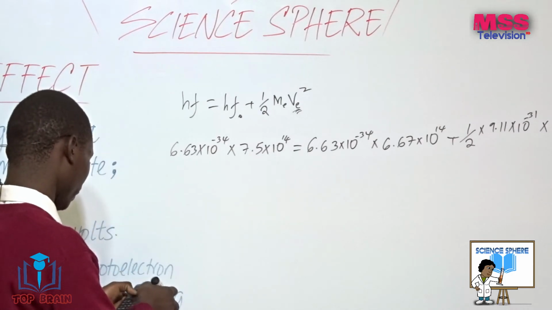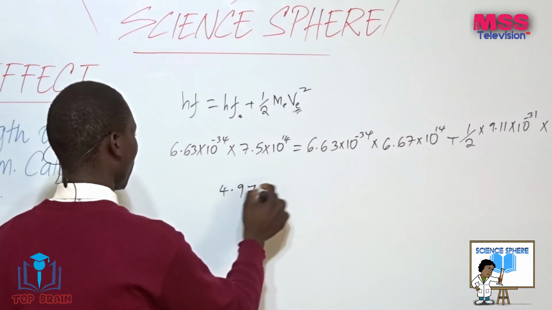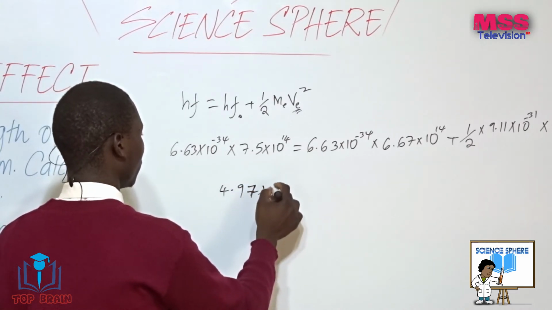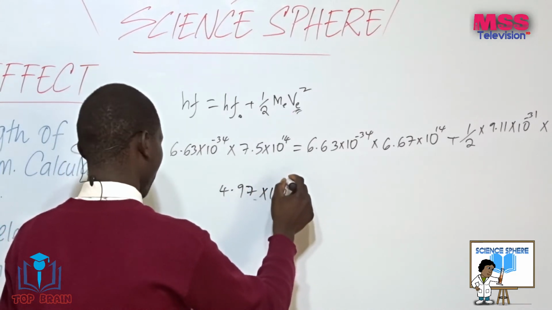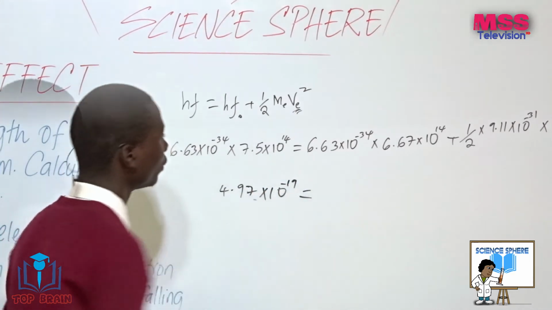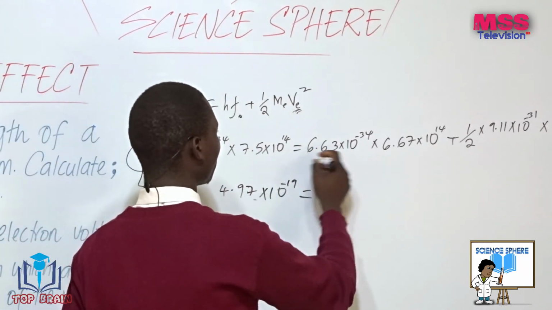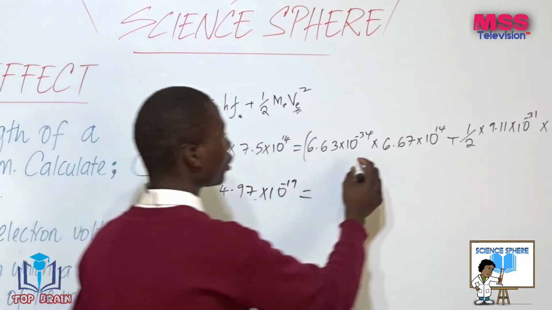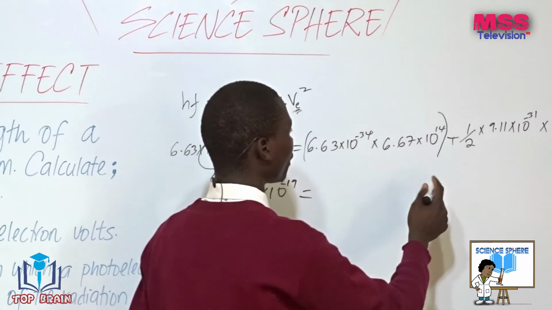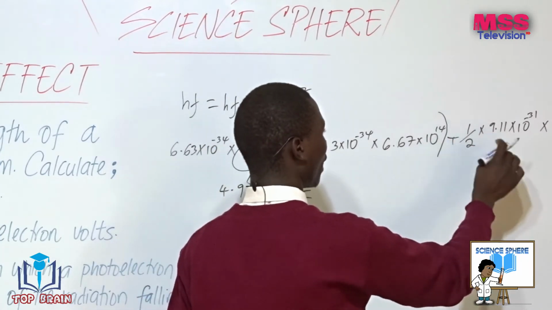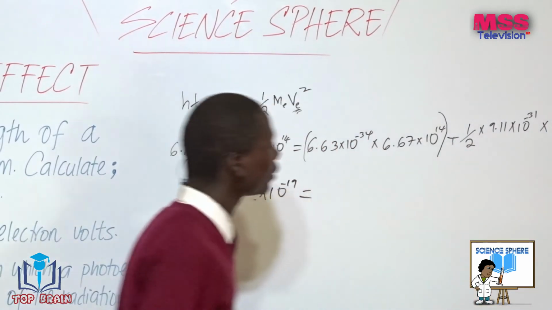You are going to get 4.97 times 10 raised to power negative 19 equals, on the right hand side, 6.63 times 10 raised to negative 34 multiplied by 6.67 times 10 raised to 14, which we close in brackets, plus a half times 9.11 times 10 raised to negative 31 times v squared.